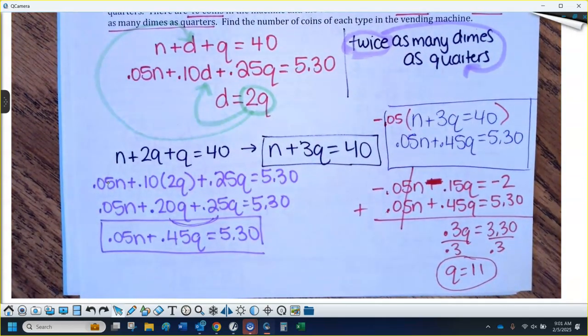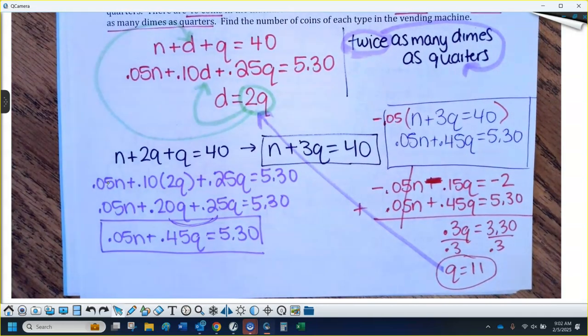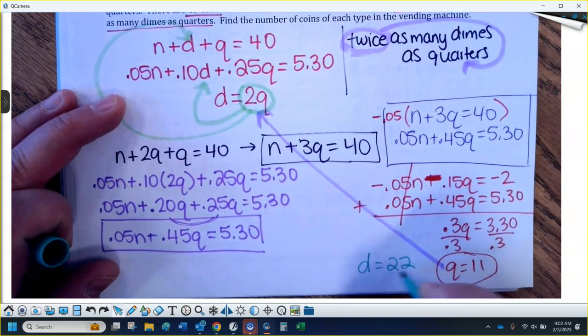Now, once I have that, you can start plugging it back in. If it was me, I would actually go right here, because if I know the quarters, we can just multiply that by 2 to get the number of dimes. So if I know that the quarters are 11, just do 2 times 11, so the dimes are going to be 22.